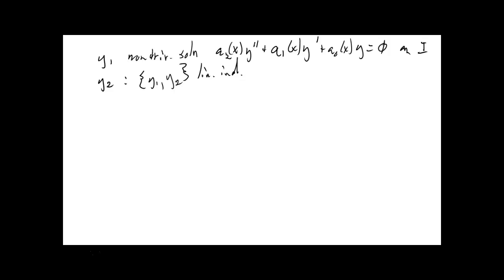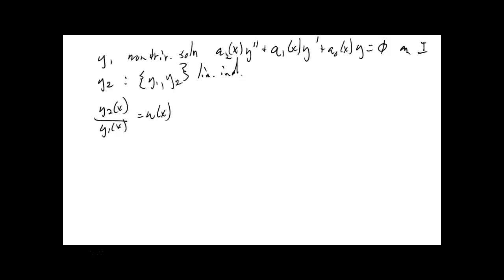On I, y2 of x over y1 of x, it doesn't matter which one you put on top, is some u of x, where u is not a constant function.